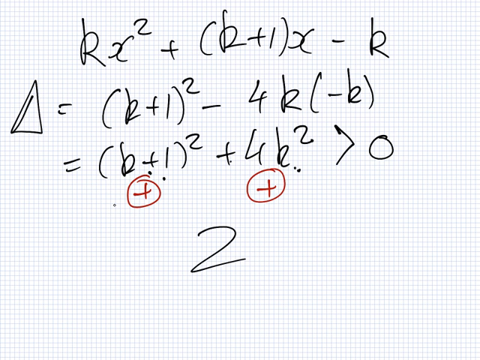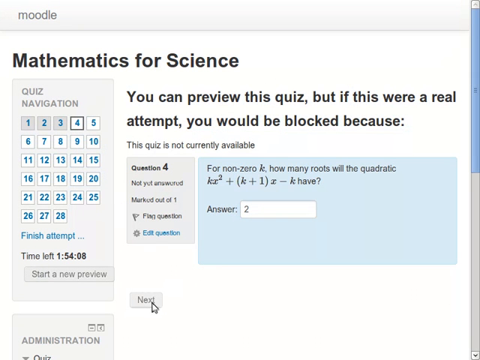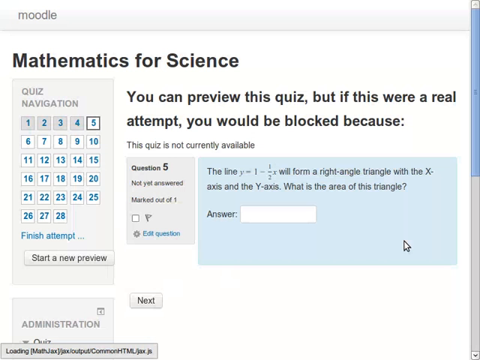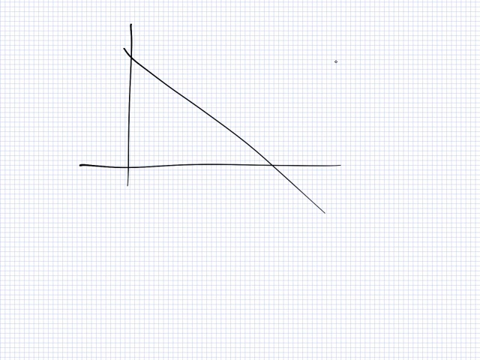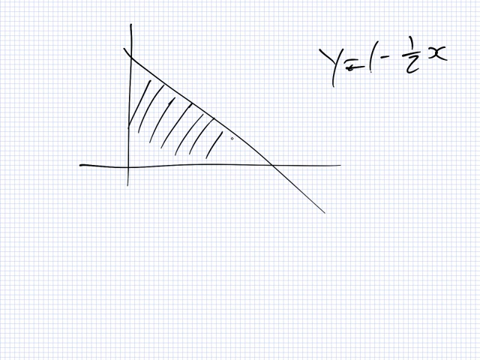Okay. Next. This one. In this question, you had the line y equals 1 minus a half x, and I want to know what this area is.